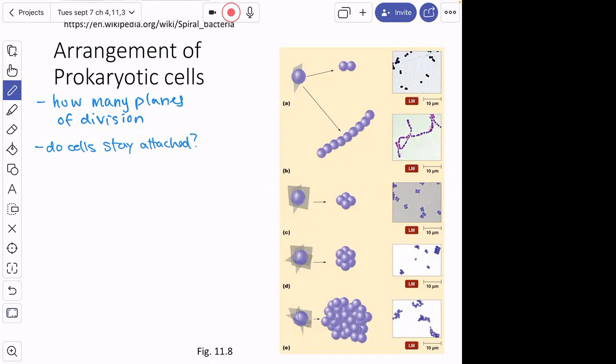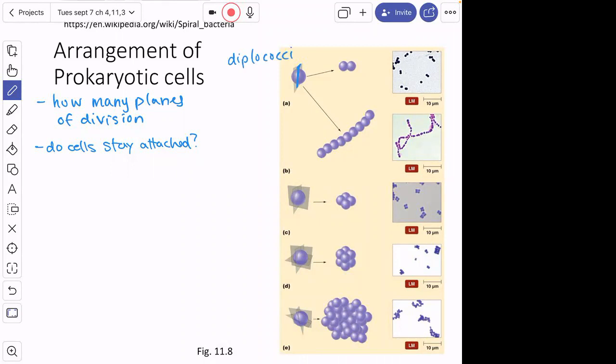Typically, if we look at cells under the microscope, this can help us identify organisms, because one species will typically arrange in a particular way. For example, if a cell only divides in one plane and stays stuck together for a little while, they might form pairs, otherwise known as diplococci.